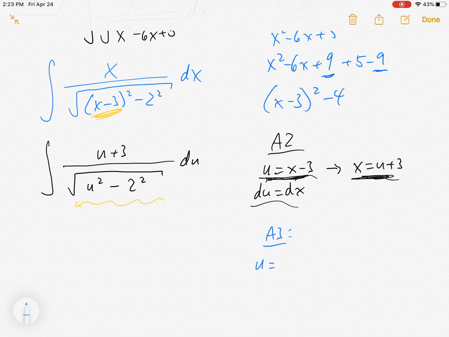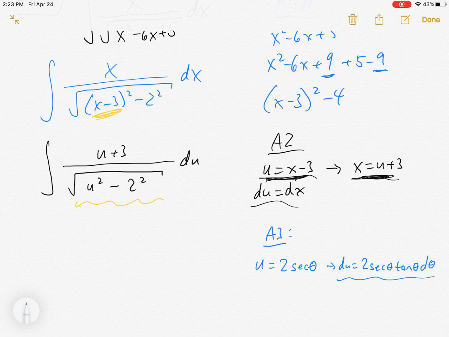So now this part under here looks just like we want for our trig substitution. So we will let u be 2 secant theta.